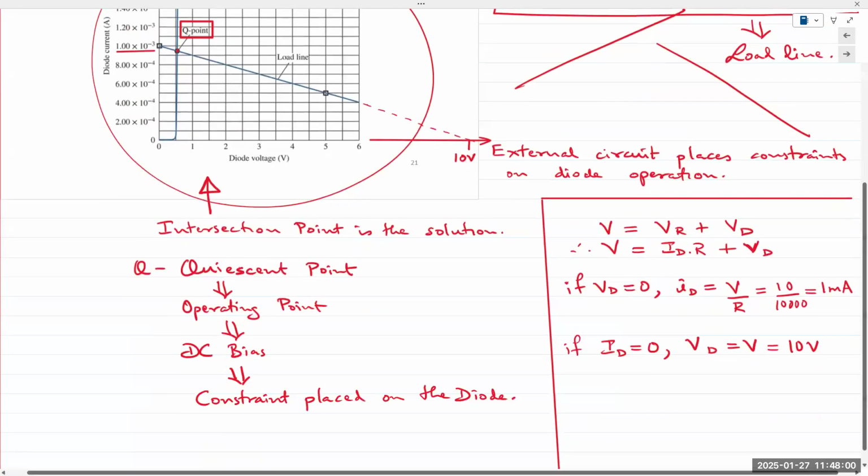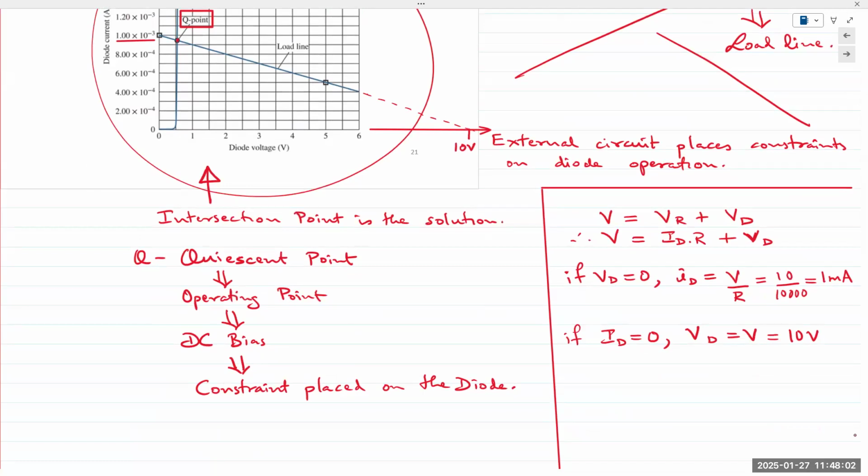The Q point from the intersection point: VD comes out to be approximately 0.6 volts.